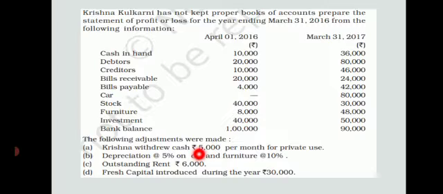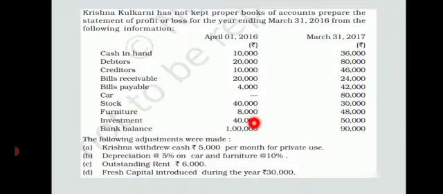Fresh capital introduced is nothing but additional capital introduced by the proprietor during the year, which is rupees 30,000. So this is the problem. From this problem you are supposed to prepare the statement of affairs as on 1/4/2016 and 31st March 2017, first to find out opening capital and closing capital.